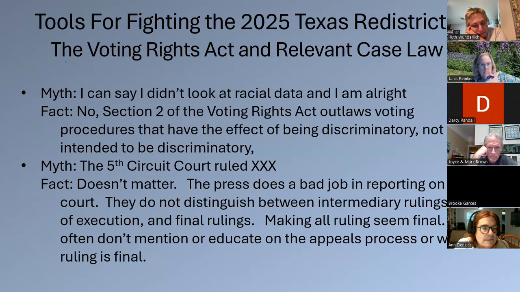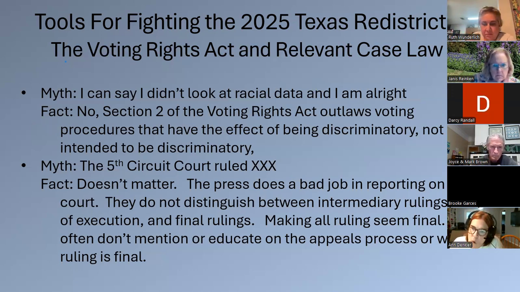About 85% of the rulings you hear in the news are intermediate rulings of an intermediate court, but they're not the final ruling. They may even be rulings on a stay before the case is actually heard. But the way the press reports each of these is as if it's a final decision.